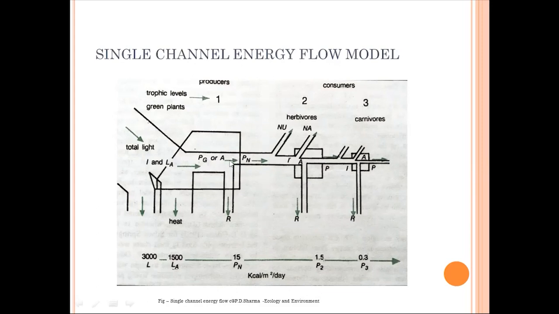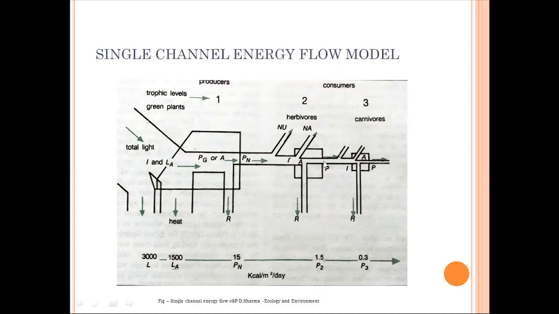Now, out of this gross primary production, some of the energy is lost as heat and also in respiration. So the energy that enters the next trophic level, that is herbivores, is known as the net primary production. The boxes here represent the trophic levels.